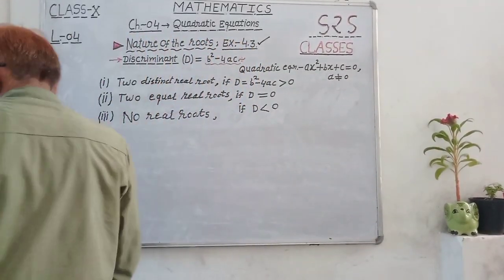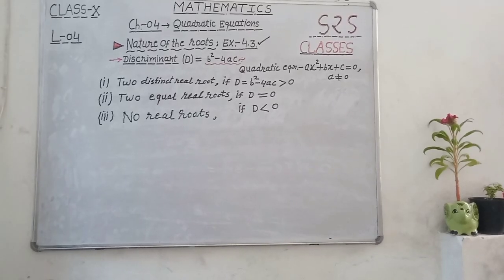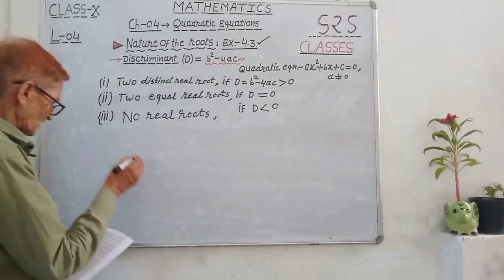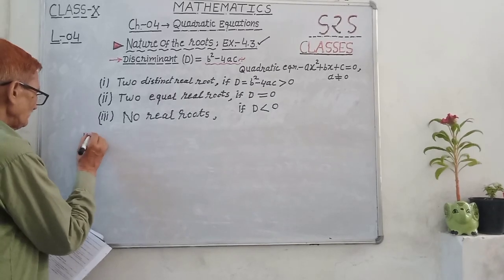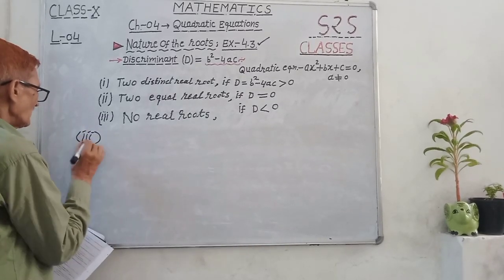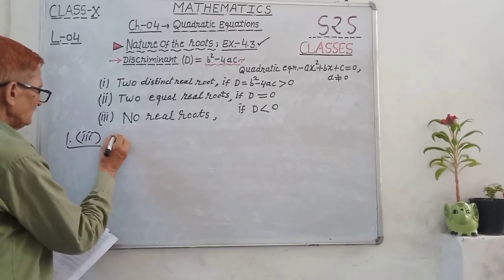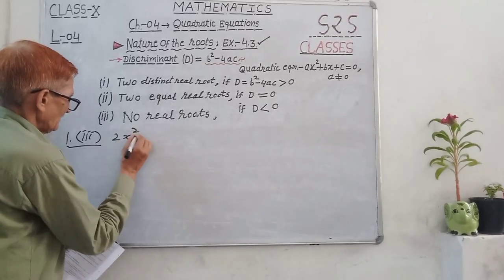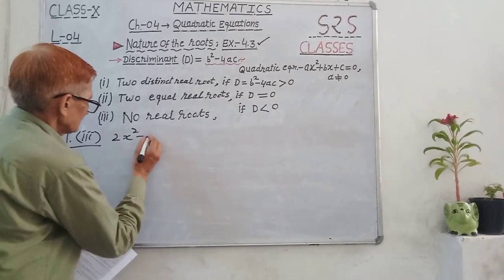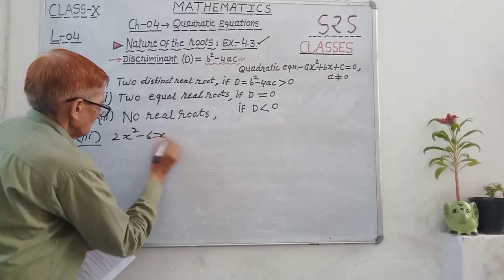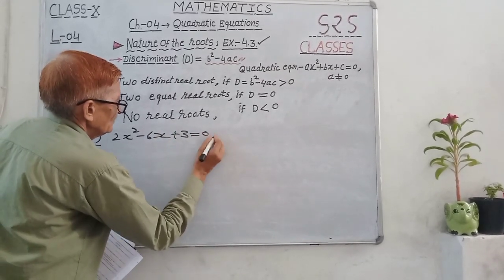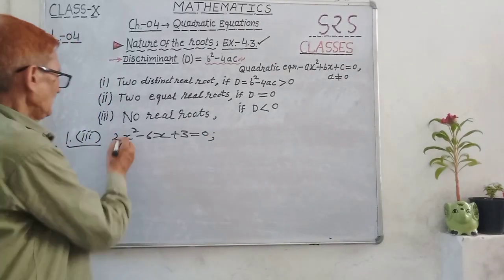Now the next part. What is the next part? The third part of Question 1: 2x square minus 6x plus 3 is equal to 0.